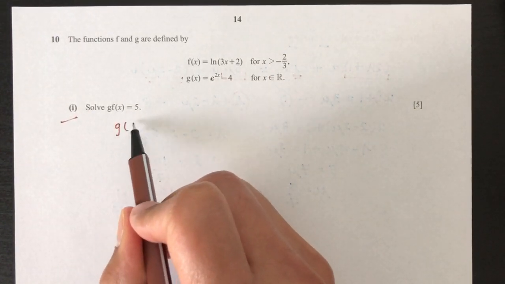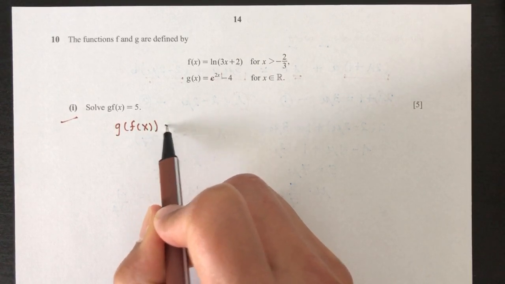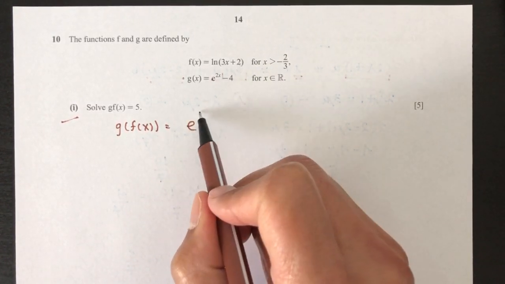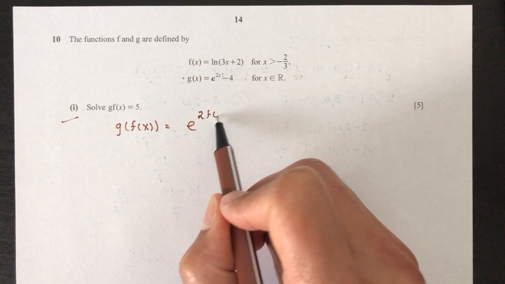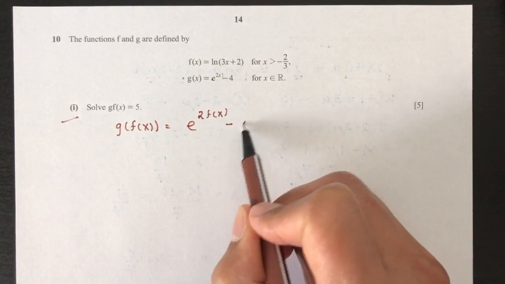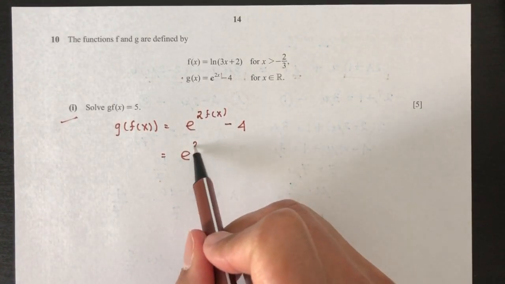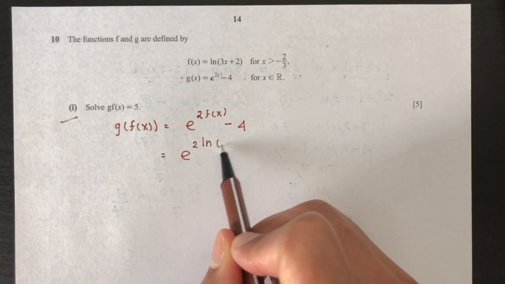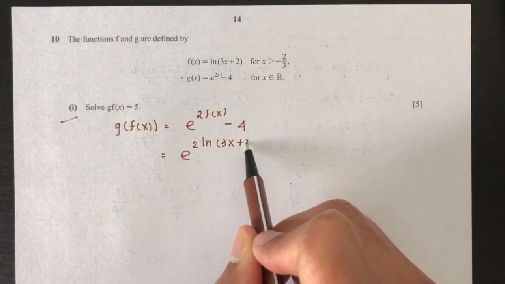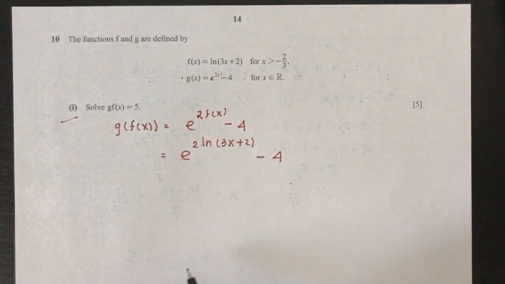So g f of x will be: inside, you have g is e^(2 f(x)) minus 4. That becomes e^(2 ln(3x+2)) minus 4.